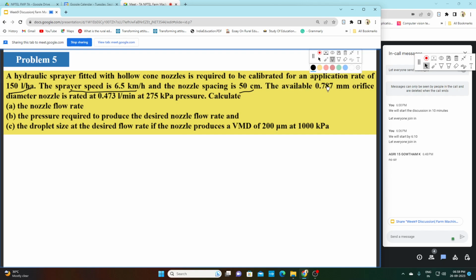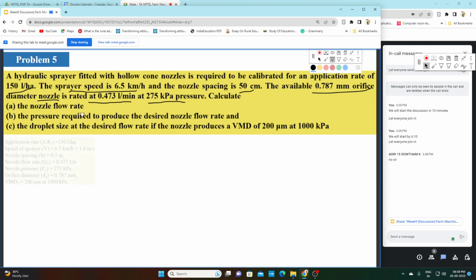Now the rated orifice diameter is given as 0.787 millimeter, and also the flow rate of the nozzle is given, that is 0.473 liter per minute, and also the pressure of the nozzle is given as 275 kilopascal. Now we have to calculate the nozzle flow rate.